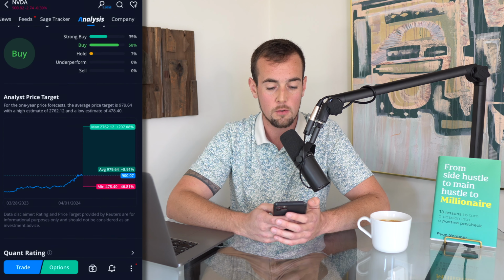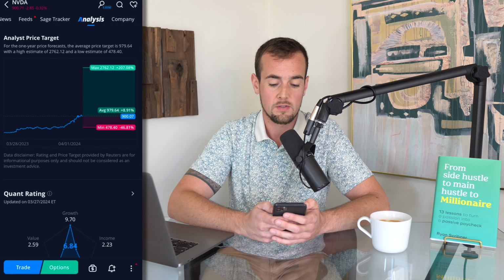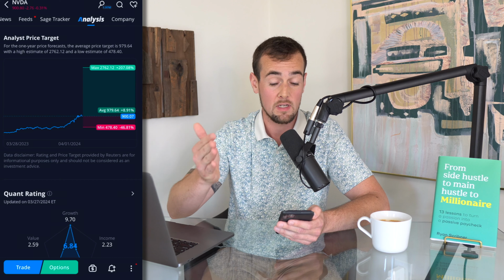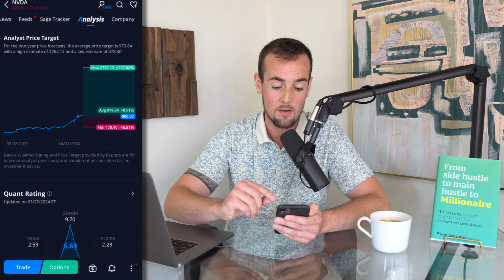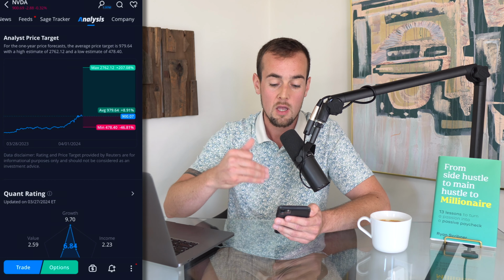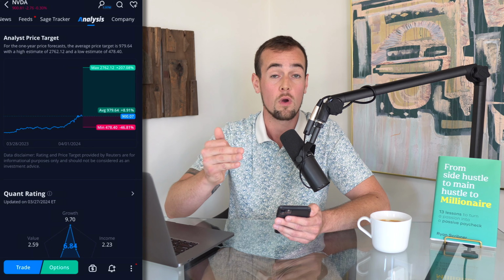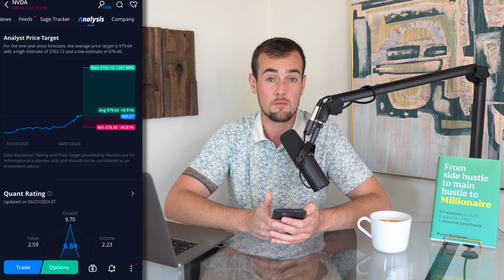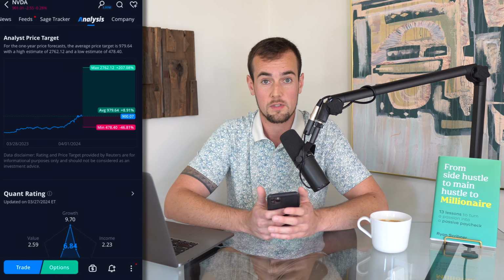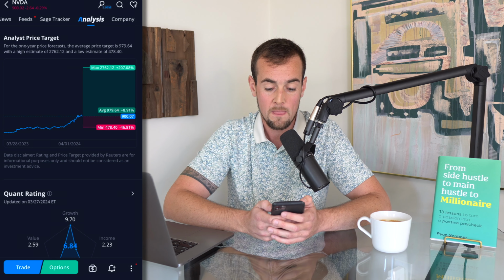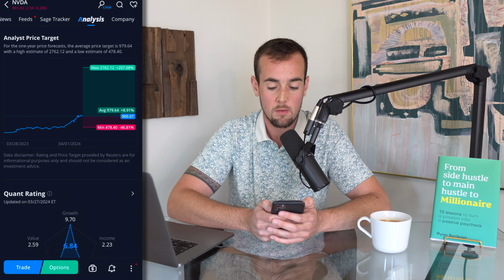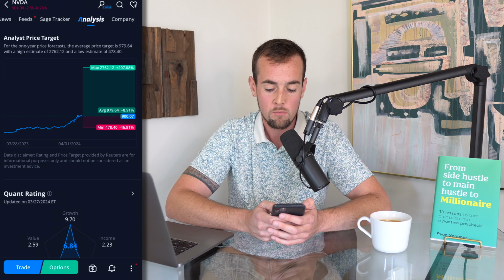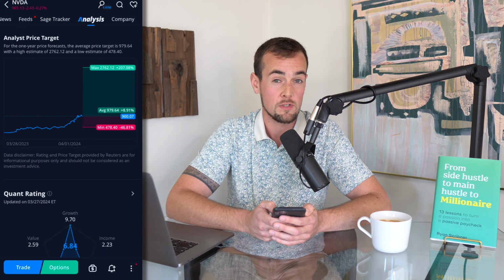If we scroll down here, we can see the price target. So the maximum price target here for the most optimistic analyst is somewhere around 2,762 a share, which is implied upside of 207%. Now that's probably ridiculous, given how much NVIDIA has gone up already, but of course the NVIDIA bulls may disagree with me. The average consensus among all analysts is that NVIDIA is worth about $980 per share, which implies about 9% upside.